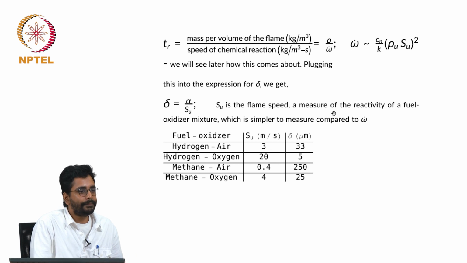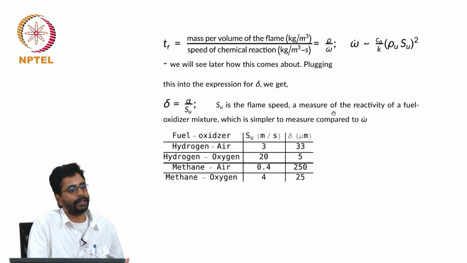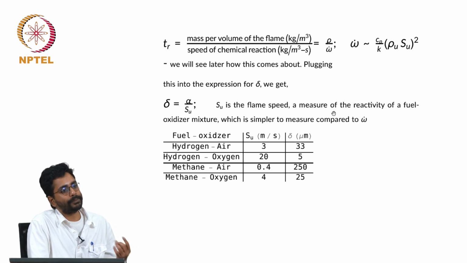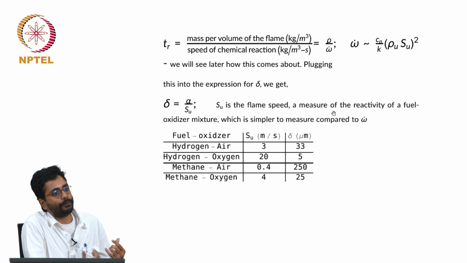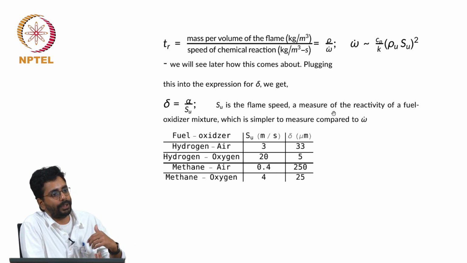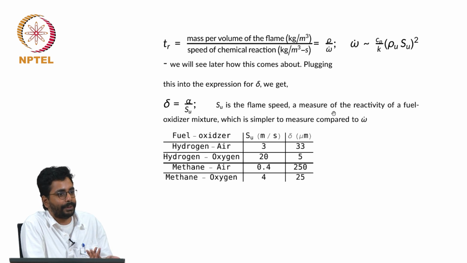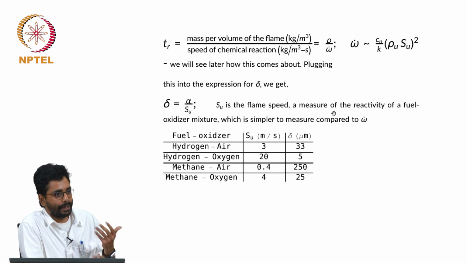Infinitely fast chemistry is an assumption that is more relevant for cases where the fuel and the oxidizer are not premixed. There, what becomes more relevant is the time it takes for the fuel and oxidizer to mix, and that time is much larger than the time it takes for the reactions to happen, and therefore infinitely fast chemistry is relevant there.